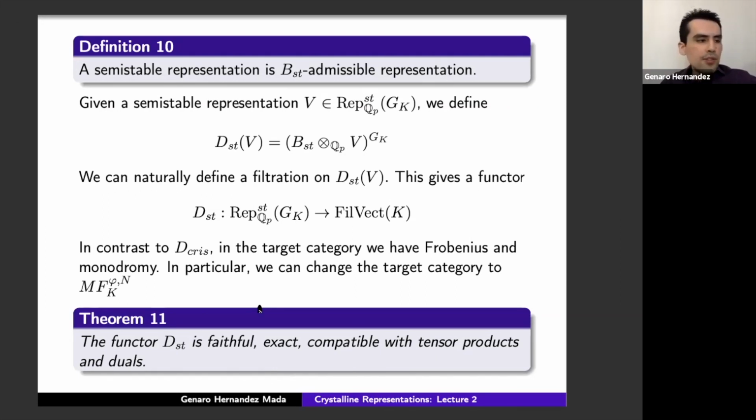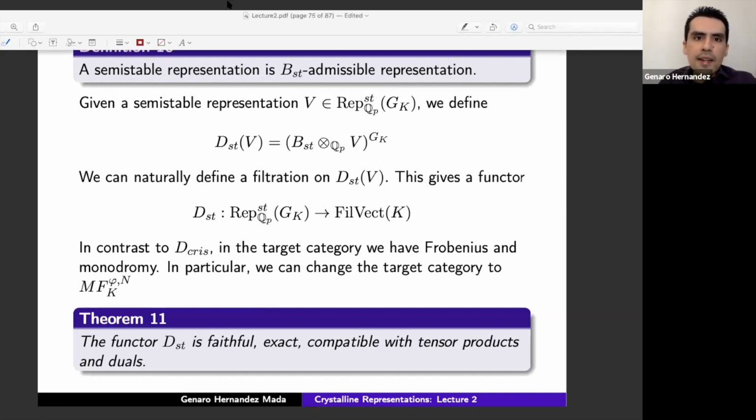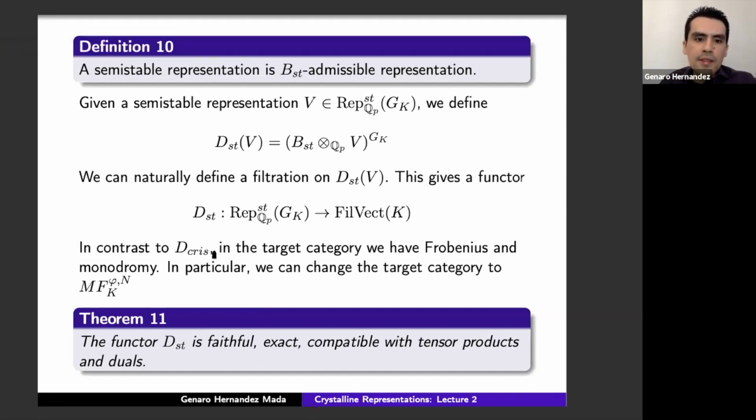And so that functor is going to behave very well too. It's going to be faithful, exact, compatible with tensor products and duals. Again, the details of this theorem can be seen in the notes by Olivier Brinon and Brian Conrad. Maybe I should upload them to Zulip as well, just in case.